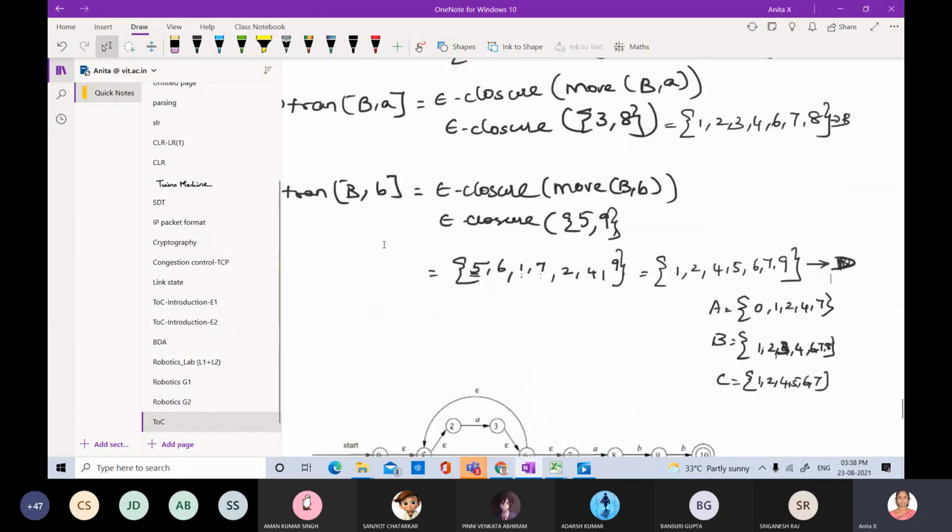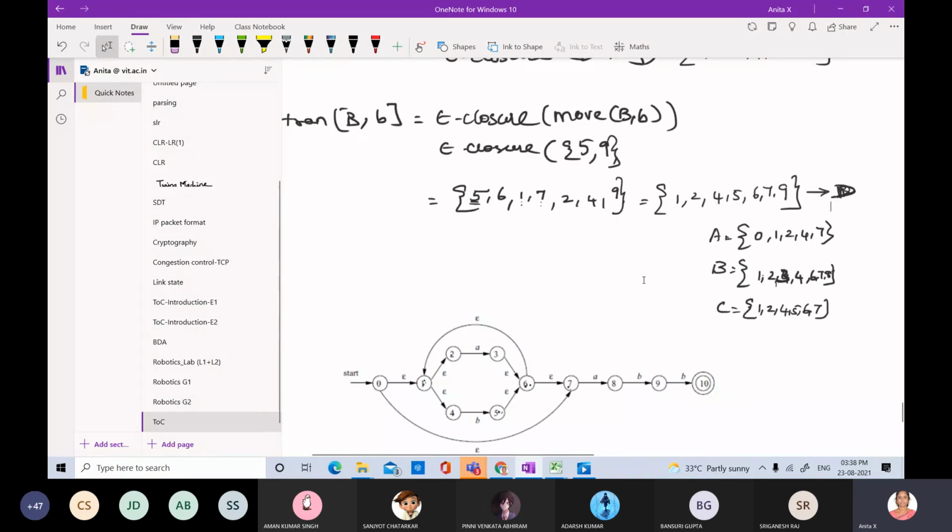So now I have completed Dtran of A, and I have marked A and B in it. Next, I have to proceed with marking C. I have to proceed with the sequence of process till I am not getting any new state. So please make a note.